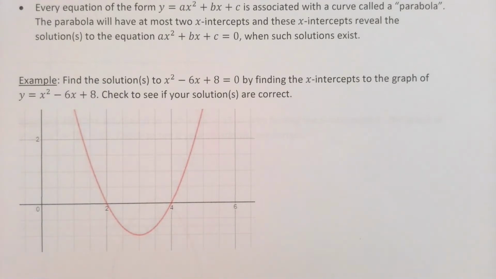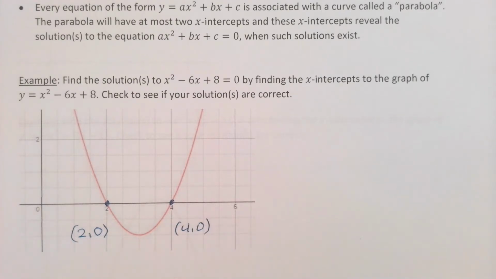And you'll notice that this particular curve decreases to its vertex, and then it increases. It's got two places where it contacts the x-axis. These are called x-intercepts. The ordered pair associated with this point right here is (2, 0). The ordered pair for this x-intercept is (4, 0).